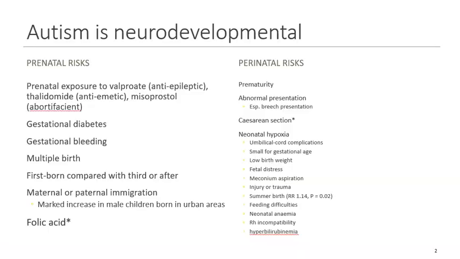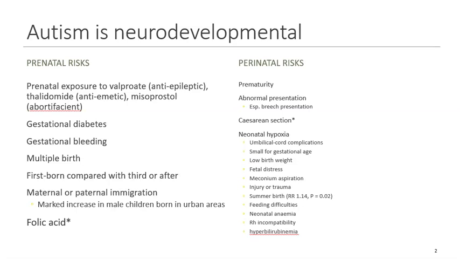So, we're going to talk about all the risks. Now, the main thing to know when talking about autism and all the possible risks that can lead to autism is that it is a neurodevelopmental disorder, which means most of these risks are occurring prenatally or perinatal and early in childhood.